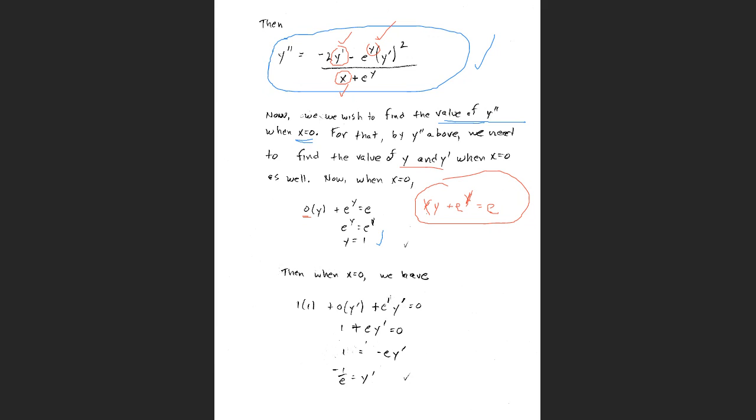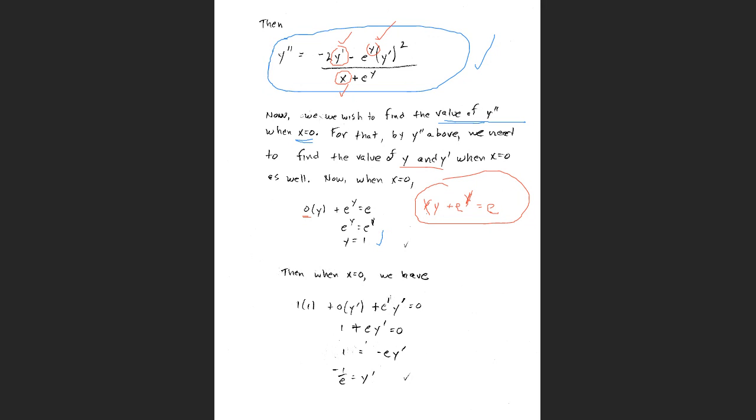Now the next step is to solve for y prime. We found the value of y when x equals 0. Now we have to find the value of y prime when x equals 0. So I go back to the equation that we had relating y prime.